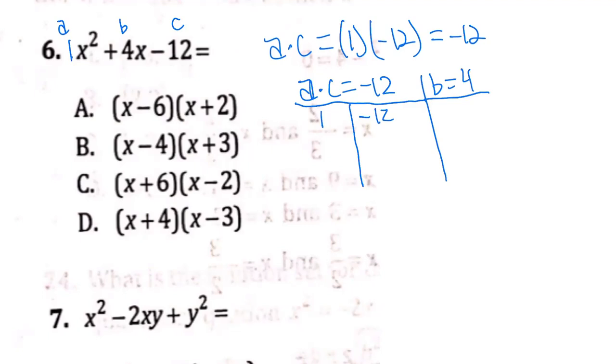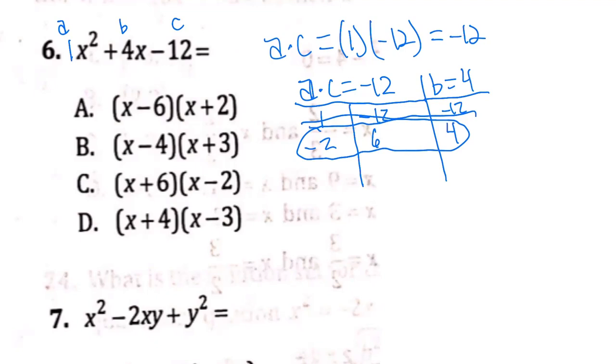That's negative 12, but this is not B. We can start with 2. 2 and 6. So 2 times negative 6, right? Now, if you notice, 2 times 6 is 12, right? So if we change the negative, so negative 2 times 6 is negative 12, and 6 minus 2 is 4. So here, we found our numbers. Boom.